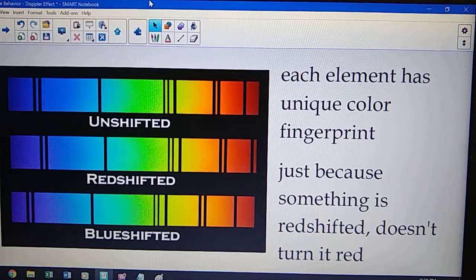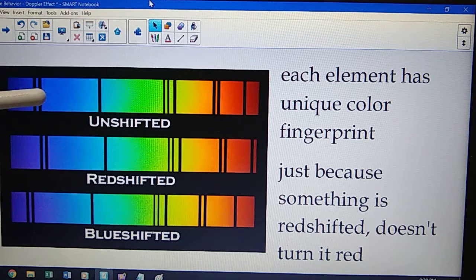However, this is not to say that the colors are automatically going to be red or blue. Elements produce their own unique fingerprint of color, and that is based on the movement of electrons inside the atom, which will be covered in a different video. But let's say that an element is able to produce this spectrum.